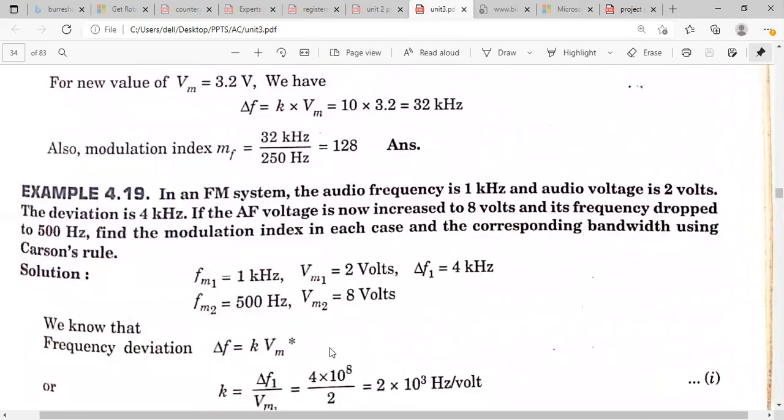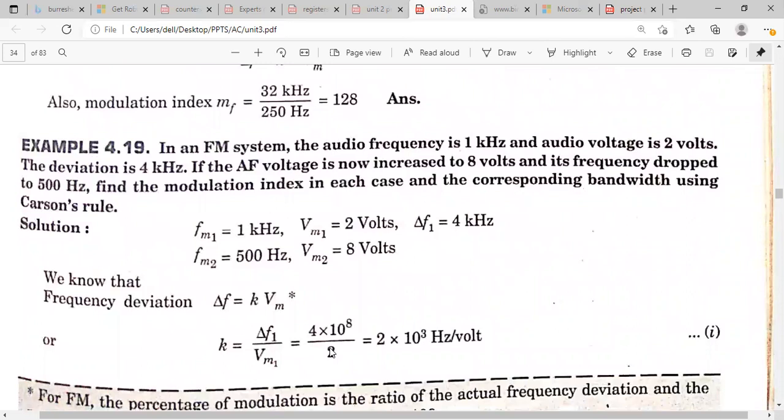Next, in an FM system, the audio frequency is 1 kilohertz and the audio voltage is 2 volts and the deviation is 4 kilohertz. So the audio frequency FM is given, VM is given, and the deviation delta F is given. If the AF voltage is now increased to 8 volts and its frequency is dropped to 500 Hz.